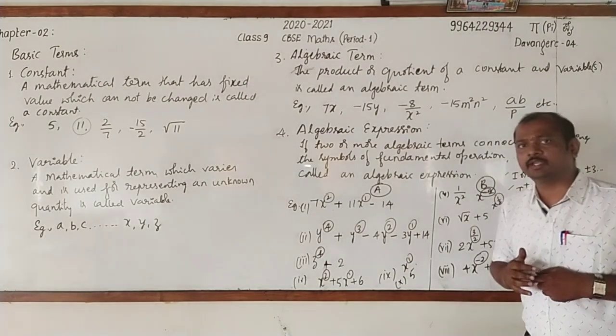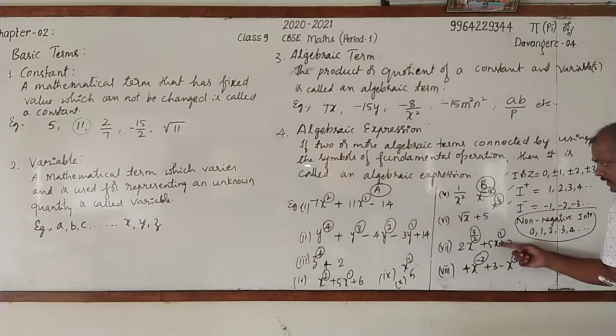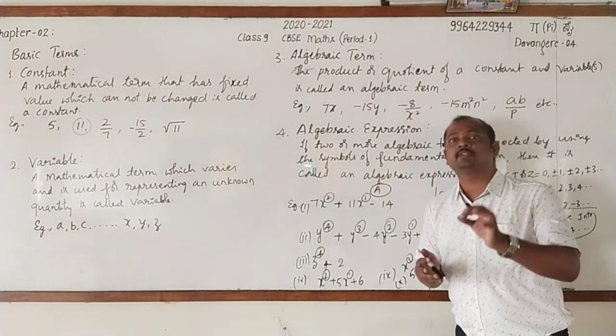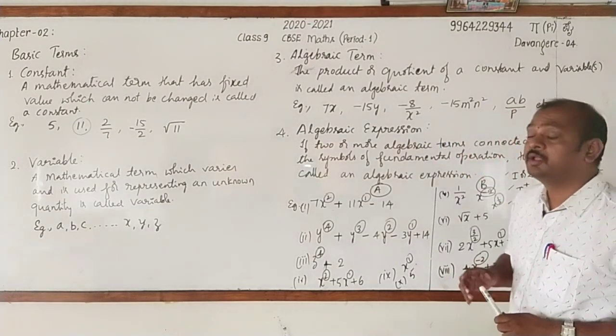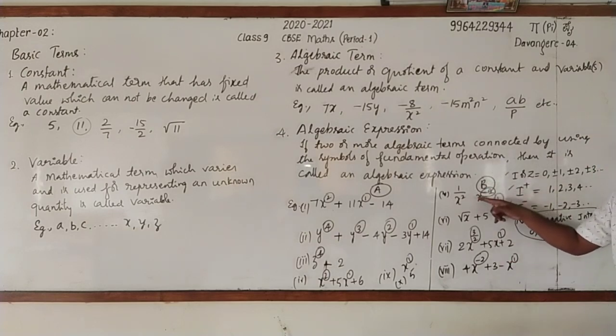Now what do you say? Do they belong to any category? Of course, some of them belong to the I or Z category, and negative integers are there. Even 1 by 2, 3 by 2, they are all fractions, nothing but rational numbers. Then do you say that the powers of the variables involved in group B belong to non-negative integers?